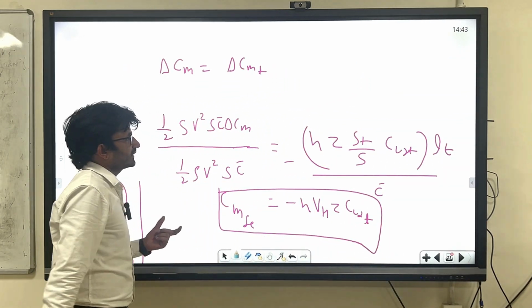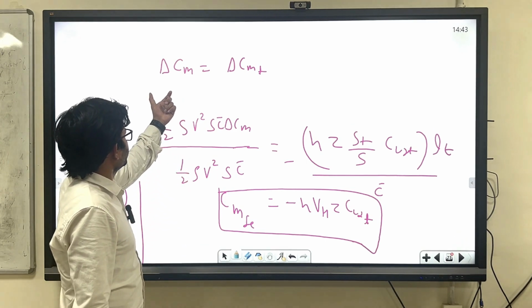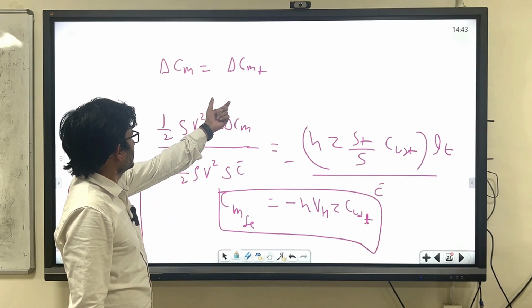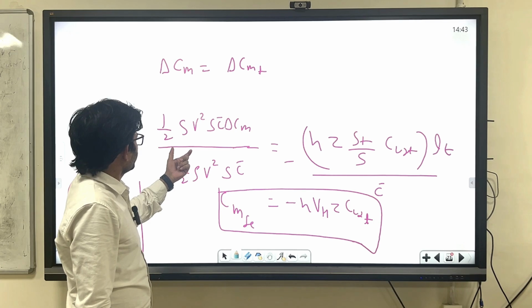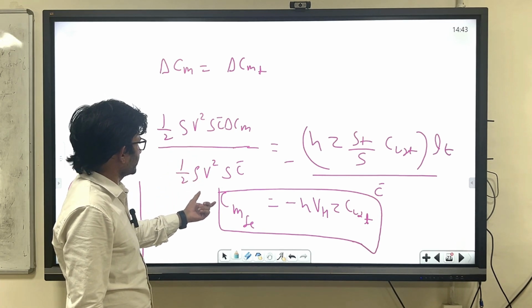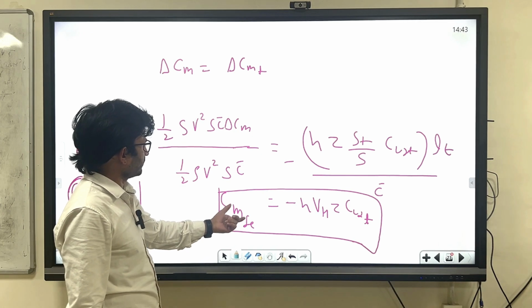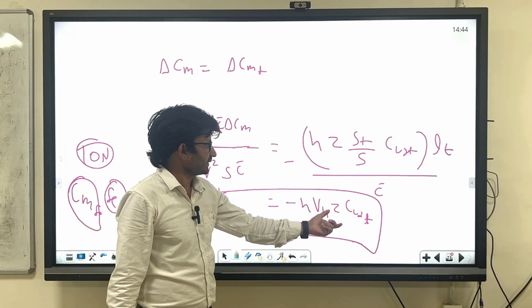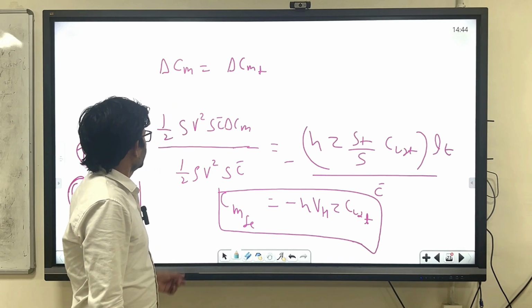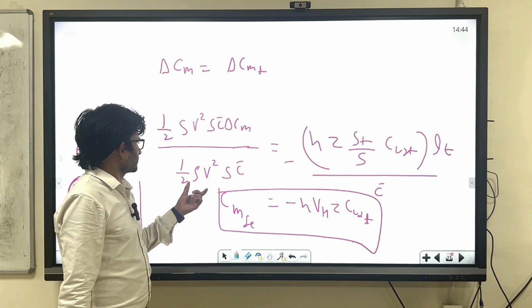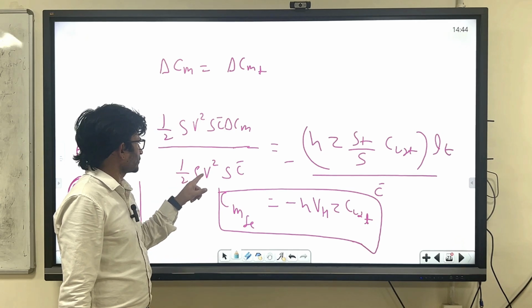Similarly, when you deflect the elevator, there will be a change in CM. So delta CM, you can write, is the change at the tail. Further, non-dimensionalizing, you will get CM delta E equal to minus eta V_H tau CL alpha of the tail. While non-dimensionalizing, you multiply by half rho V squared S into c.